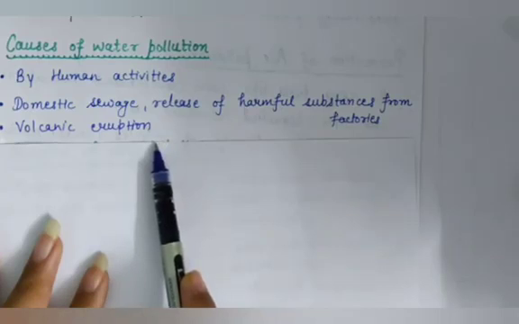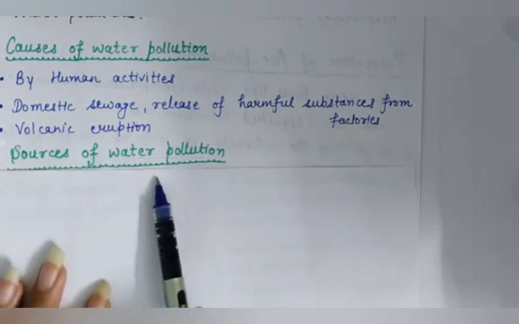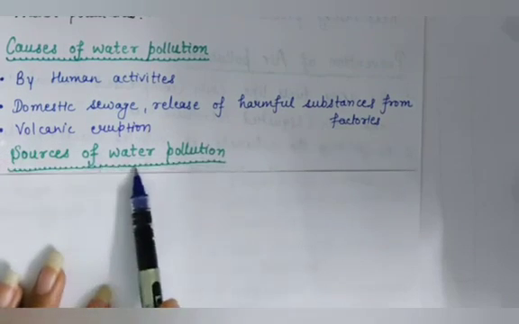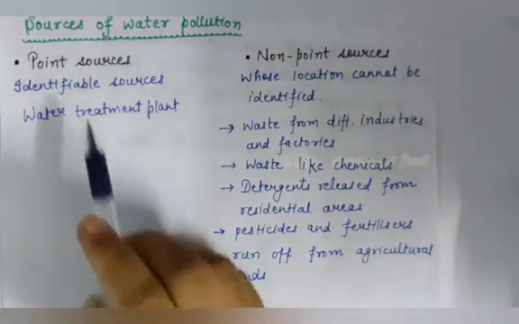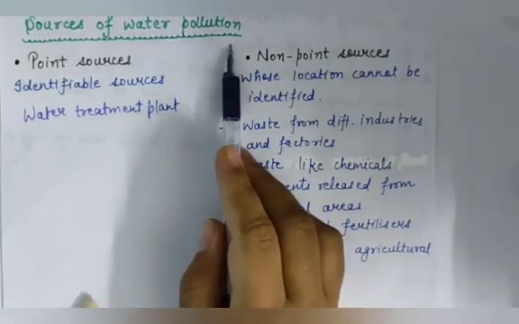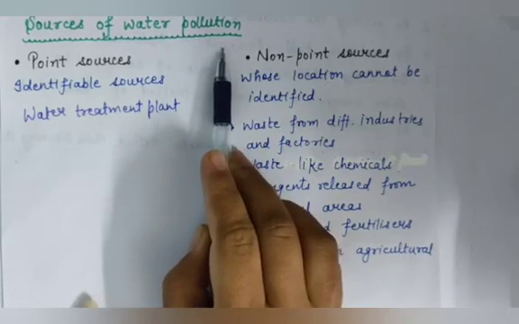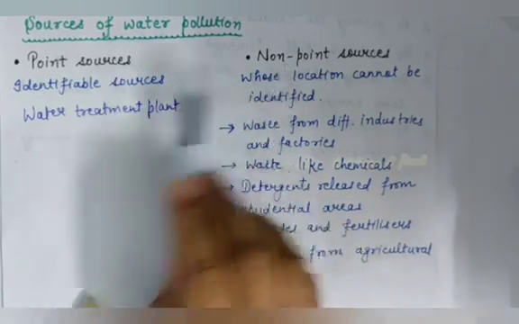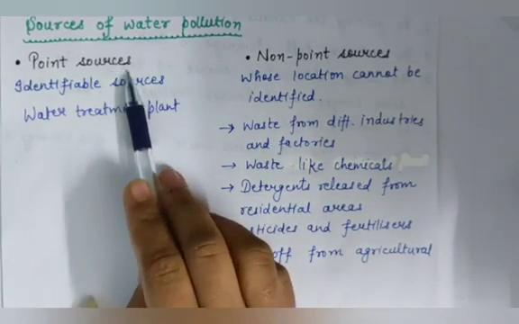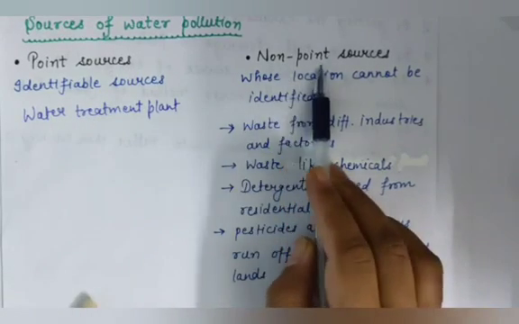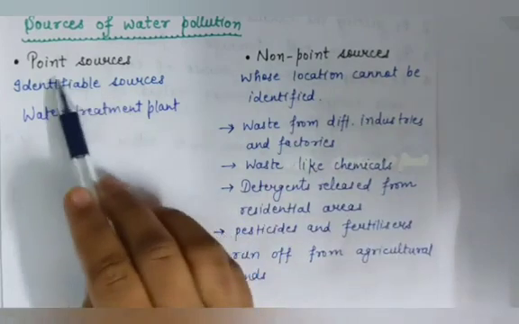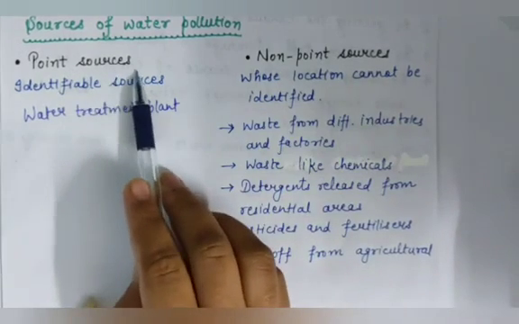Now, what are the sources of water pollution? The sources of water pollution can be broadly categorized into two types. First is point sources and second is non-point sources. Now, what are point sources?